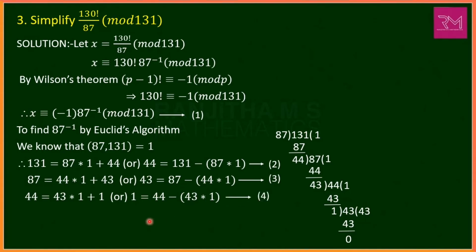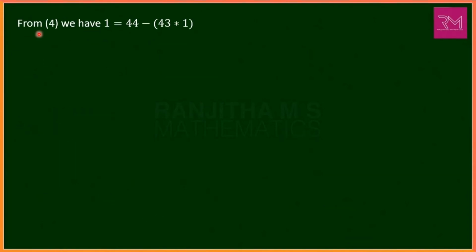Next step, the procedure is the same as before. Here we have to take equation 4 because it is of the form 1 equal to SA plus TM. To obtain that form, we take equation 4 and substitute all these values here. We have to find the inverse value for 87. That's the procedure. So from equation 4 we have 1 is equal to 44 minus 43 into 1.